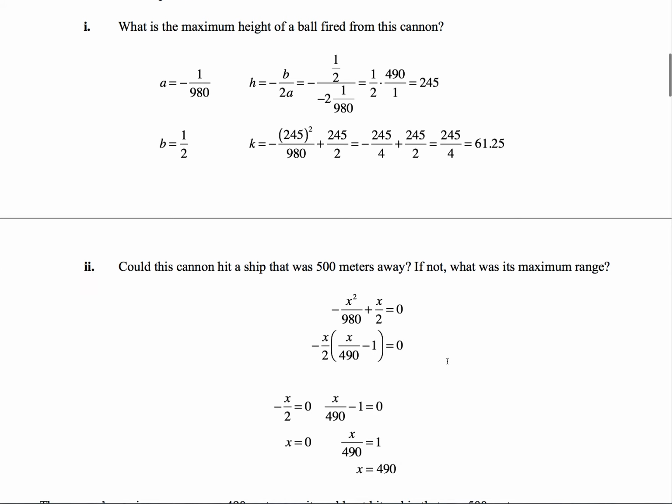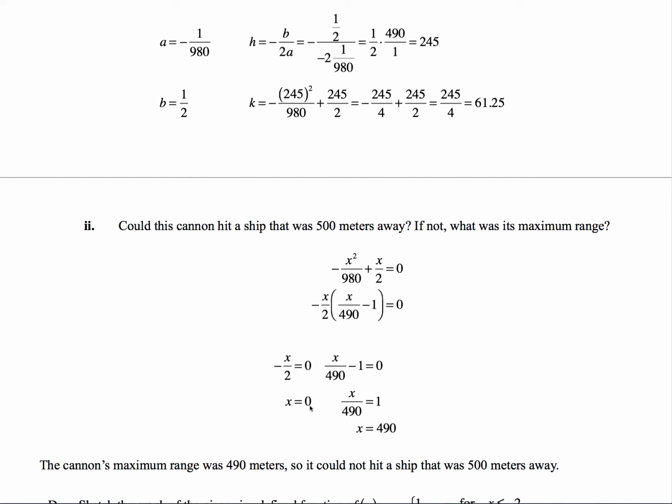So to do that, we set the function equal to 0, which is what I've done here, and I've factored out a negative x over 2, which leaves an x over 490 minus 1 inside the parentheses. I set each of these factors equal to 0, and then find that, well, naturally, the first distance, where the height is 0, is the beginning point before the ball has been fired.